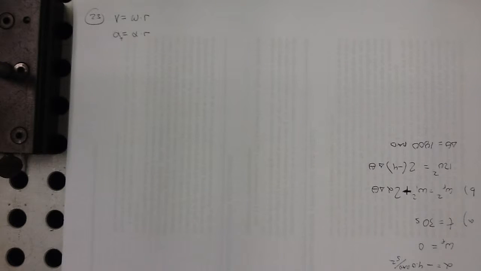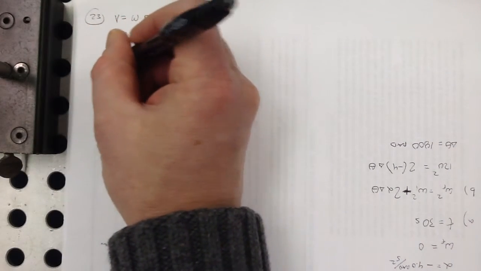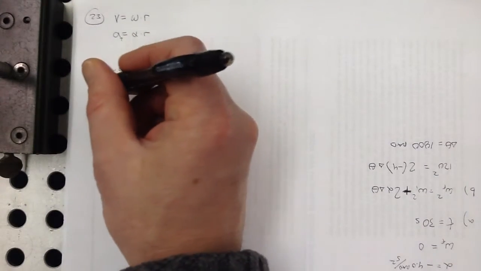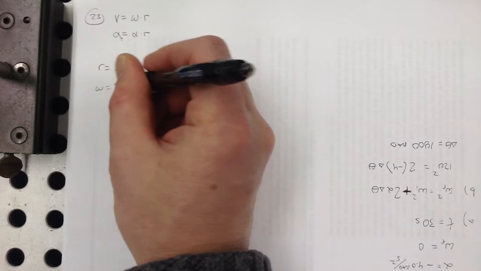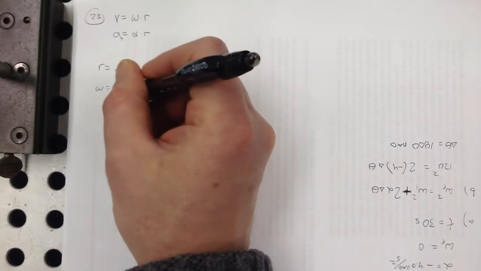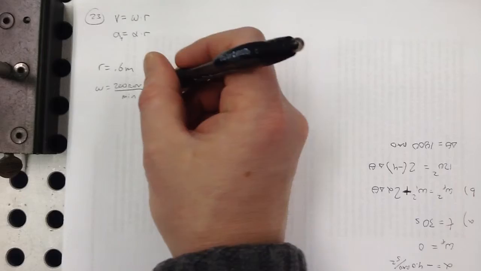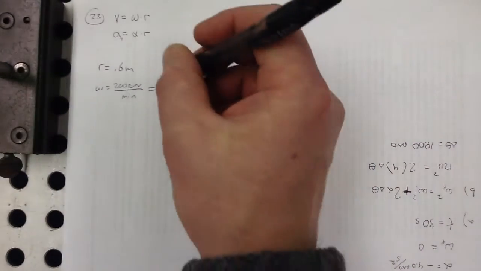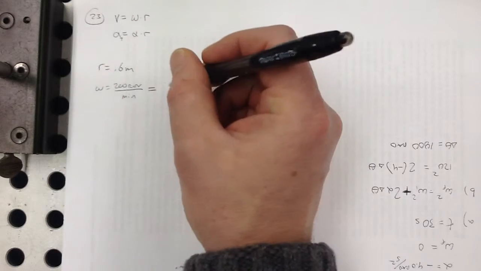All right, so let's see what we got here for number 23. A flywheel with a diameter of 1.2 meters, so that means it has a radius of 0.6 meters, is rotating at an angular speed of 200 revolutions per minute. So that's revolutions per minute, so I'd have to multiply that by 2 pi.